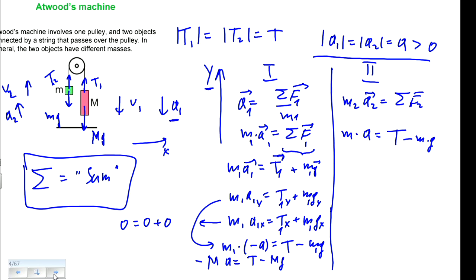Now, the first step is to copy these equations on a different piece of paper. This is a situation we've met before many times.